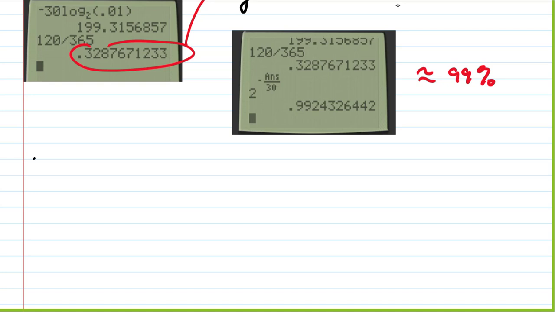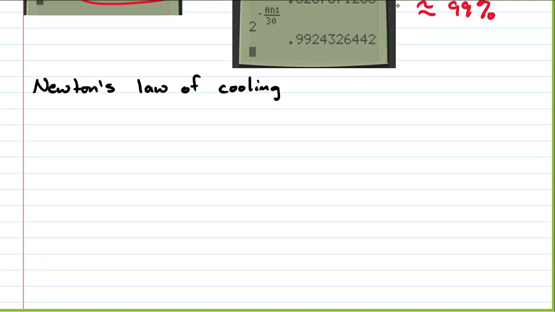The last model we want to talk about is called Newton's law of cooling. So Newton's law of cooling is a variation on this law. So Newton's law of cooling formally states the following.